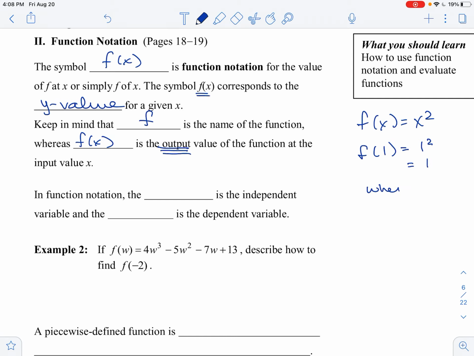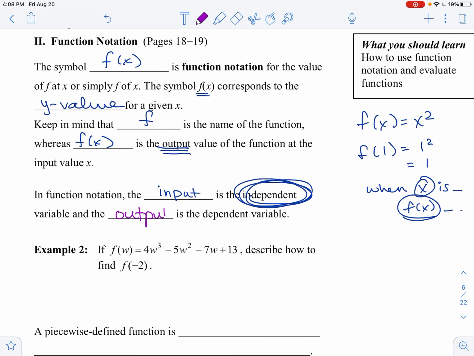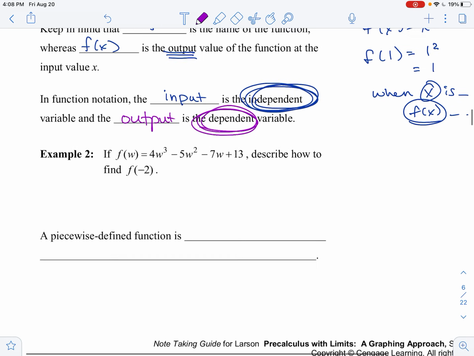So when x is 1, then f of x is 1. Okay, so x is the input, f of x is the output. In function notation, the input is the independent variable, and the output is the dependent variable.